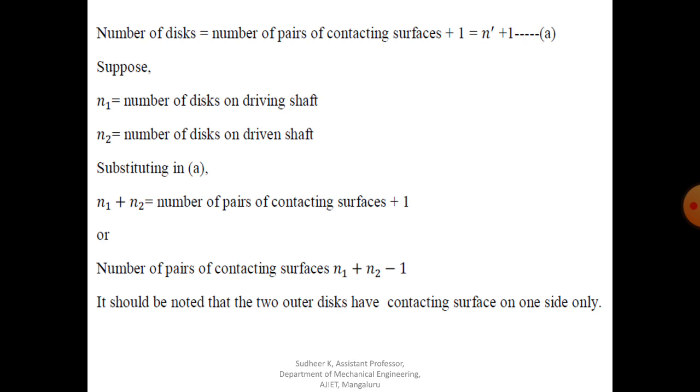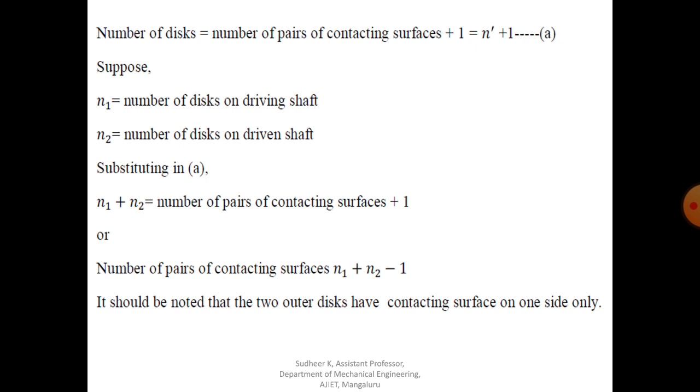In the next class we'll solve problems on the single plate clutch and multi-plate clutch. In some of the problems, we have to design a spring, because the working of the clutch is again based on a helical compression spring. So here also you have to find the coil diameter, then the spring index.